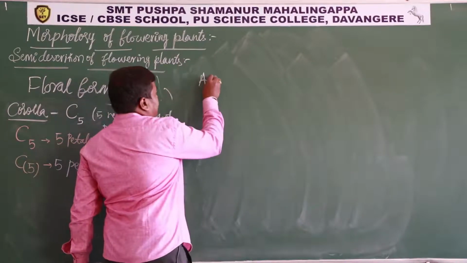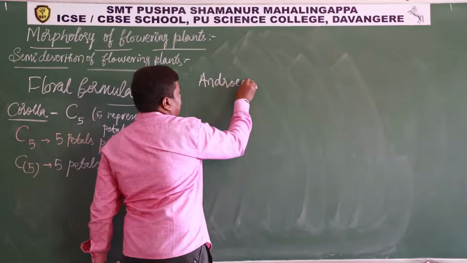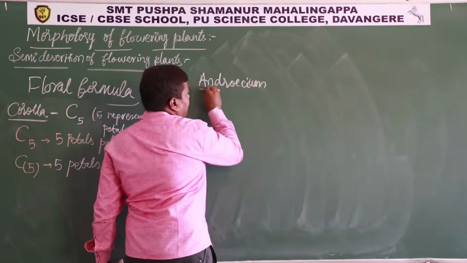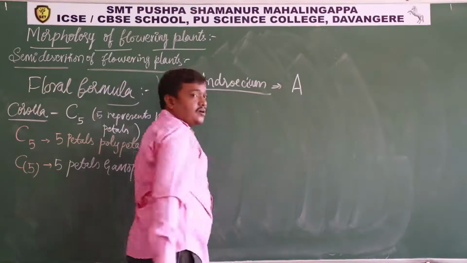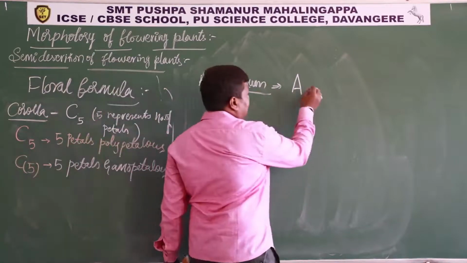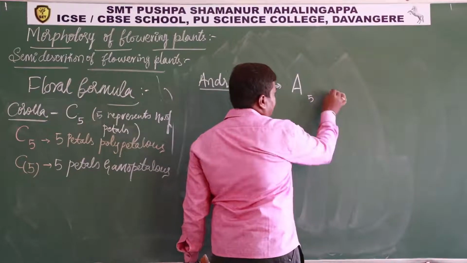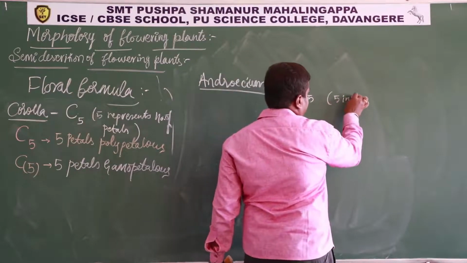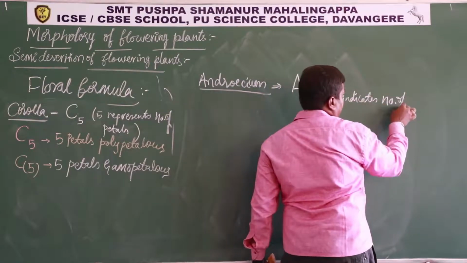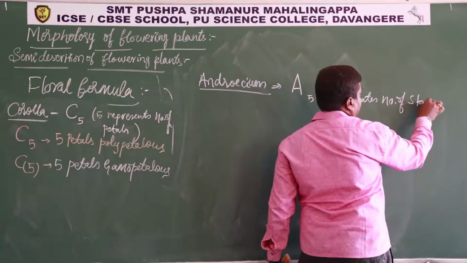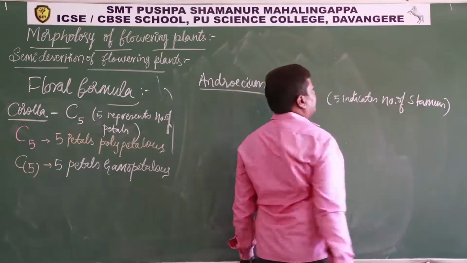So next is androecium. Androecium can be represented by A. Okay, if you write A5, 5 indicates the number of stamens.